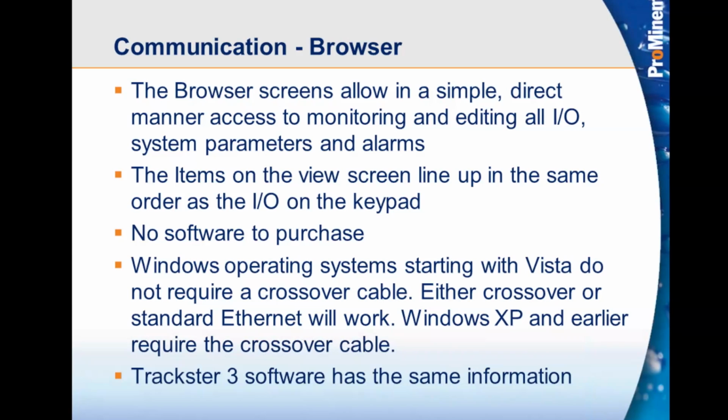First, as you press the down arrow, you would go from system to alarm, and then your first item would be conductivity in this example, and the second item would be the blowdown valve. The third item would be the 4 to 20 milliamp output. The next item would be the pH, and so on. So they line up the same on the keypad menu as they are in the browser view screen.